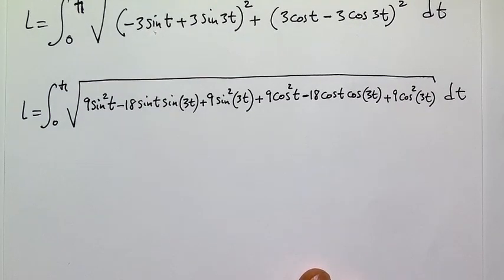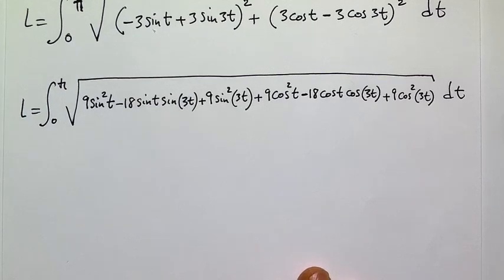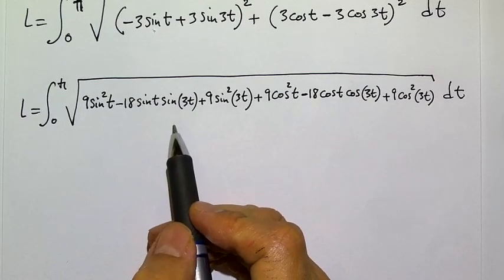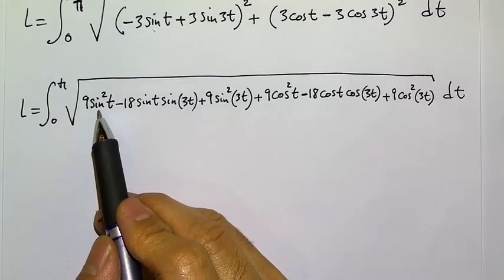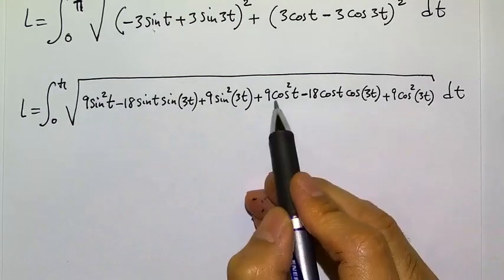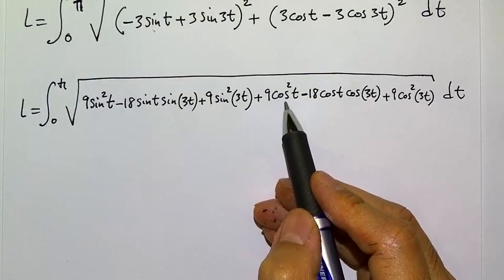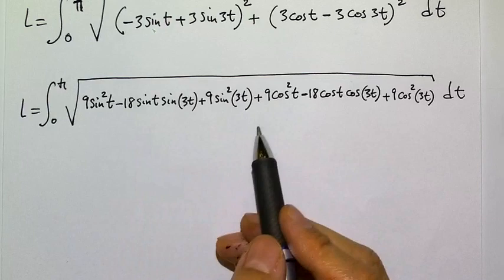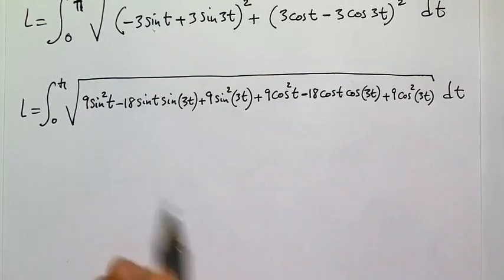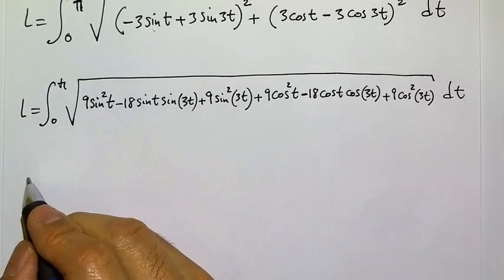All right. So now, obviously there are things that will cancel out. Let's see. So we have 9 sine squared t and 9 cosine squared t. Okay, so we can factor out 9 from those two and then add them, which we get 1 in that case. But let's do that in steps.